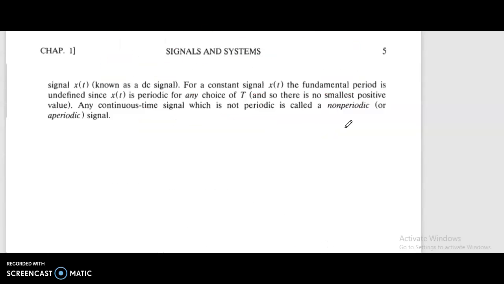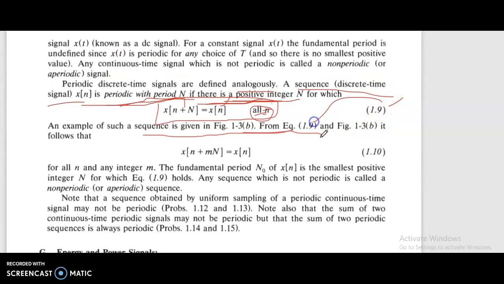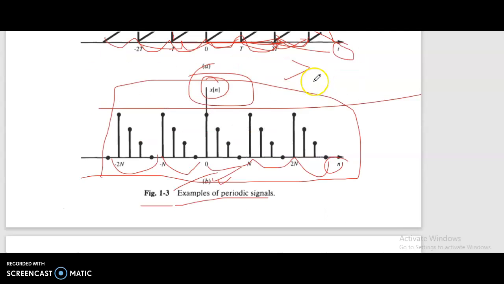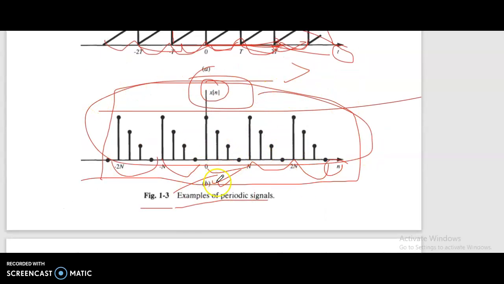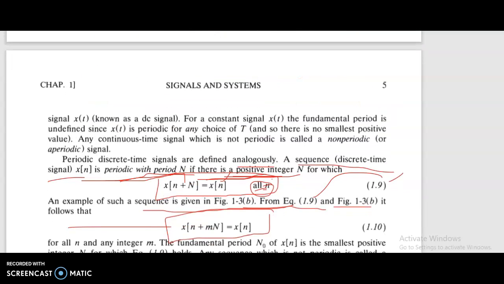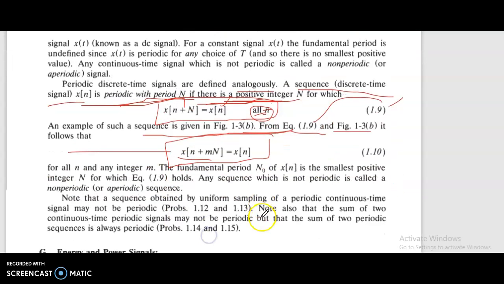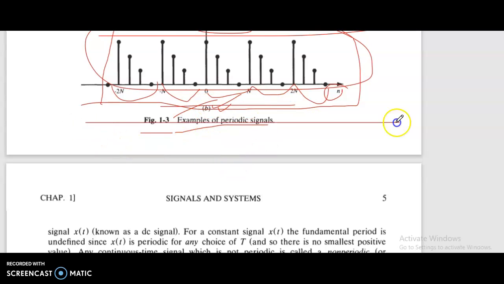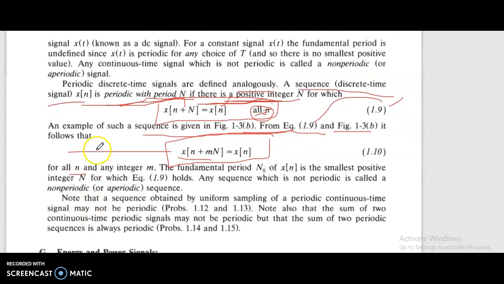From equation 1.9, figure 1.3b, it follows that x of n plus mN equals x of n for all n, and any integer m.